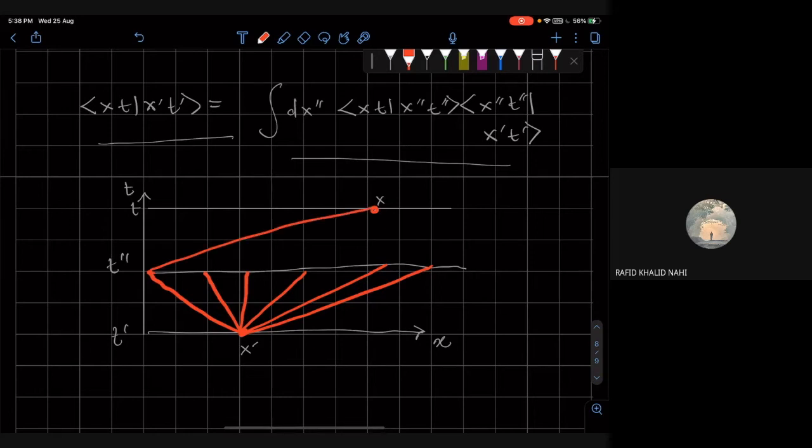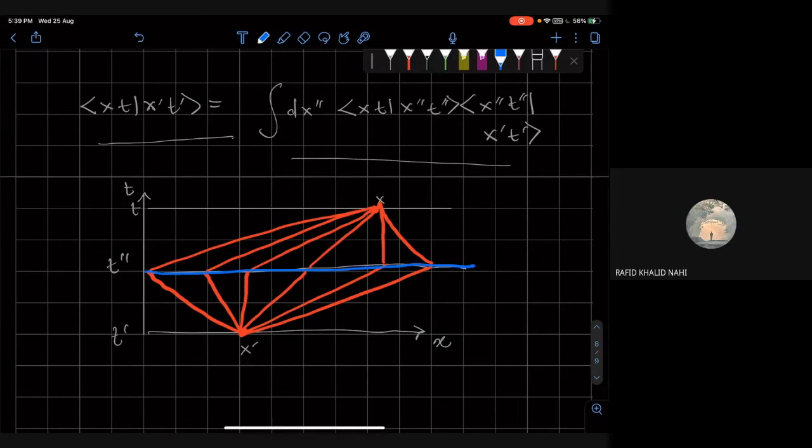And then multiplied by the propagator from those midpoints to the final points, and add them up. And we do then an integral, okay?